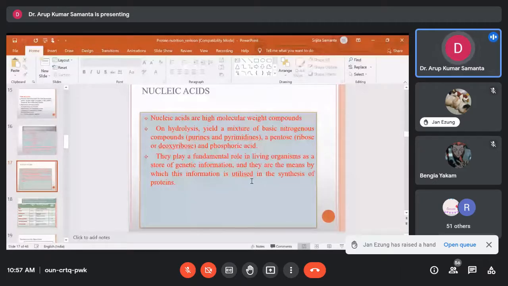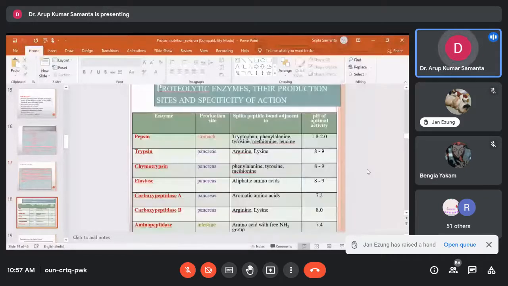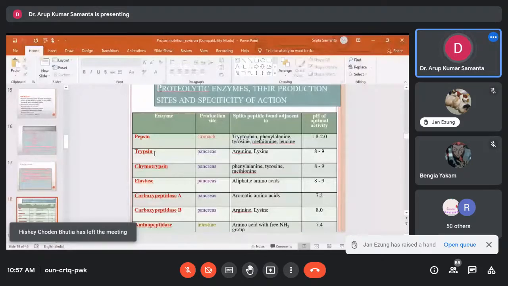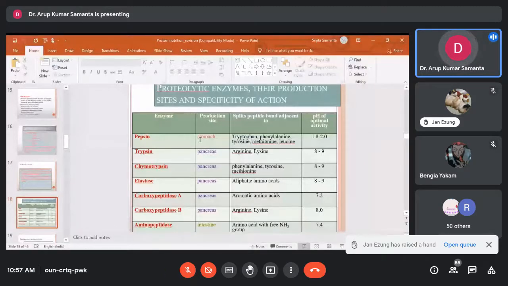Then coming to the different enzymes responsible for digestion of protein in case of non-ruminant species. These are the enzymes in the stomach, other than the intestine, all these you have to remember. And sometimes you may get the question: write down the action of enzymes on protein in non-ruminant species.